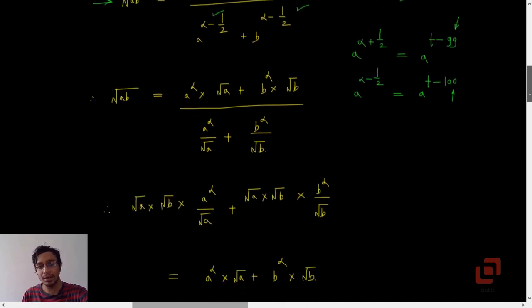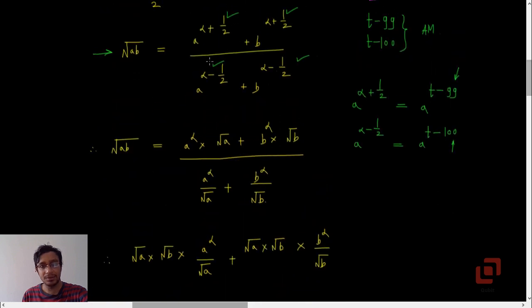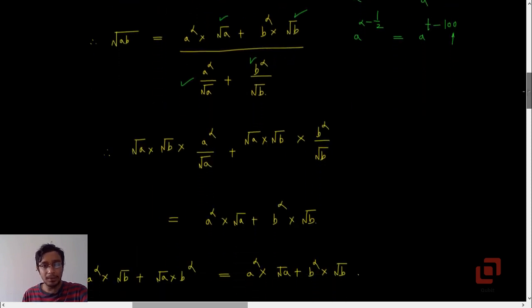After that you just separate the powers of a and b, alpha and root. So it becomes a raised to alpha into root a plus b raised to alpha into root b in the numerator, and a raised to alpha upon root a and b raised to alpha upon root b in the denominator, obviously because of the negative signs here. Then you cross multiply.